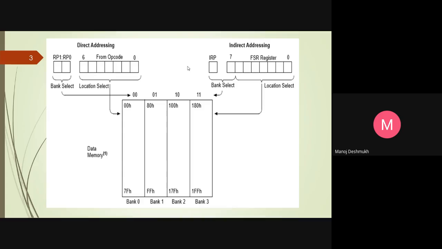So when we discuss related to the direct addressing, in that case 2 bits are there for selection of register bank, that is RP0 and RP1, and with the help of these 2 bits we are able to select the particular register bank, that is either bank 0, 1, 2 or 3. So each register bank having the maximum memory location is 256. Each register bank starts from 00 and ended with 7F.